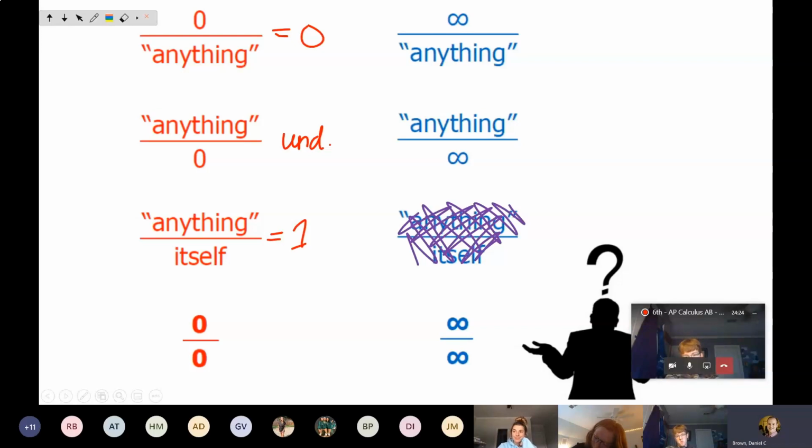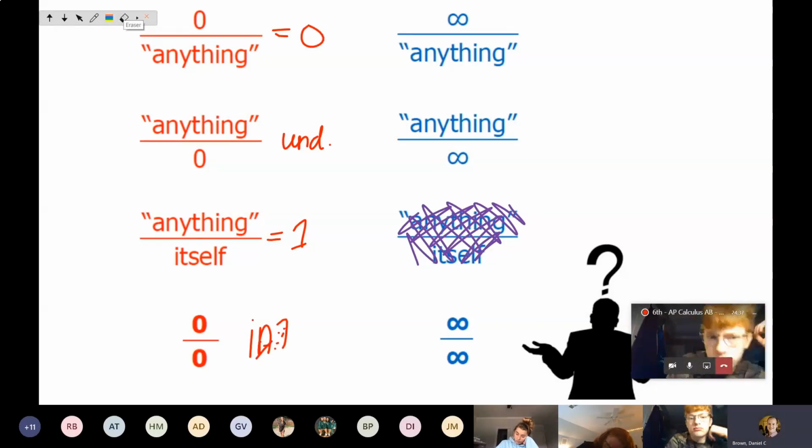And then we have this 0 over 0. So the official phrase we're going to use for something like 0 over 0 is called an indeterminate form. I'm going to write it in blue because my board's not working there. Indeterminate form.